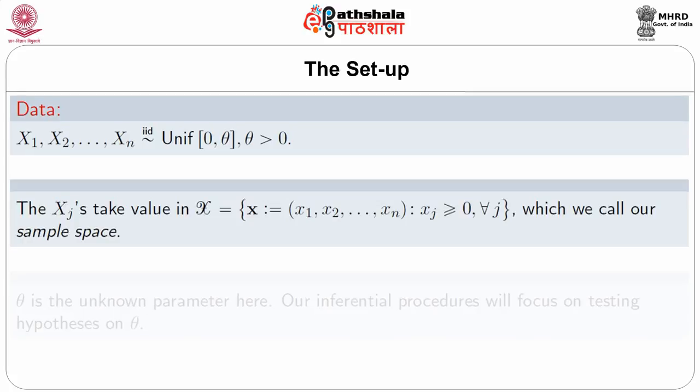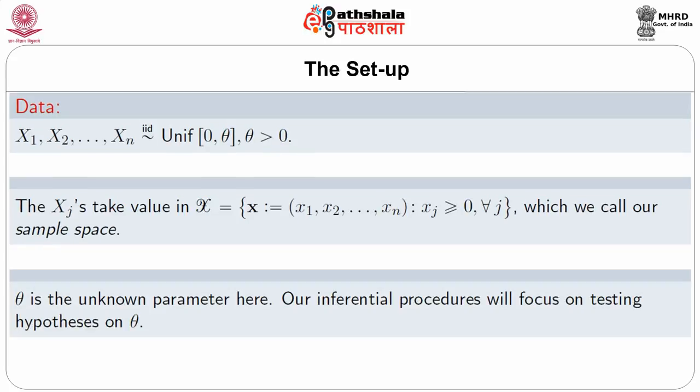Here the sample space is like this, where X1 is greater than or equal to 0, simultaneously X2 is greater than or equal to 0, Xn is greater than or equal to 0. Theta is obviously the unknown parameter, and our inferential procedures will focus on testing different hypotheses on theta.